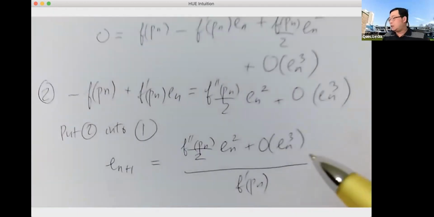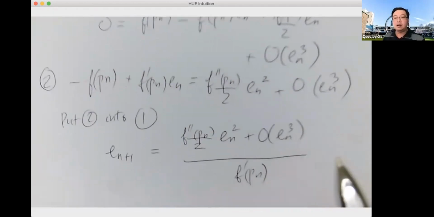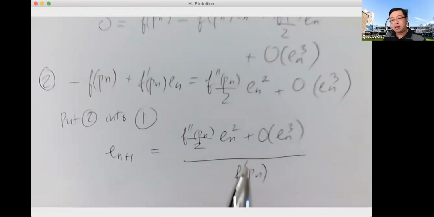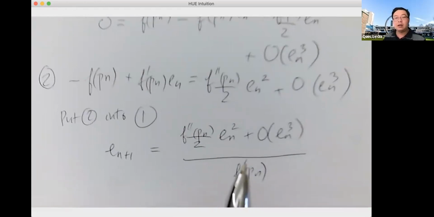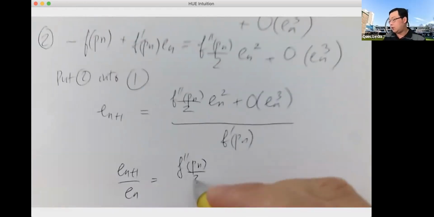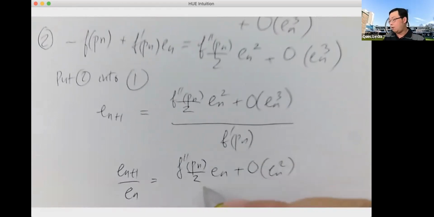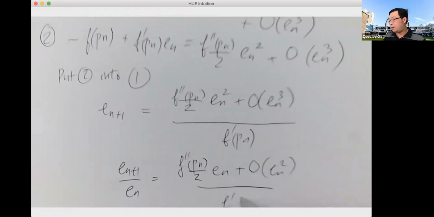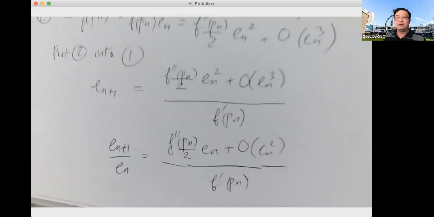Because you are interested in the quotient En plus 1 over En, if you divide by En, you get En plus 1 over En equals f double prime(Pn) over 2 En plus O(En squared), over f prime(Pn).